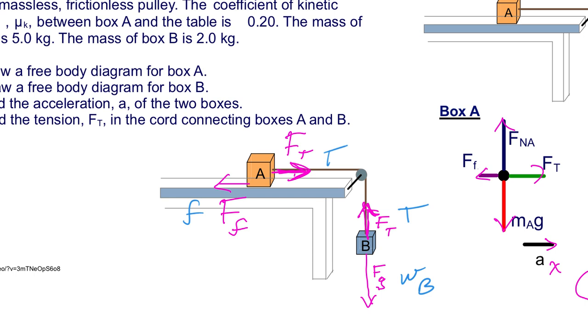Okay, so obviously we do have weight here, the weight of A and normal force of A, because that block is resting on the table, and the surface of the table is pushing up against block A. But block B has no normal force, right?